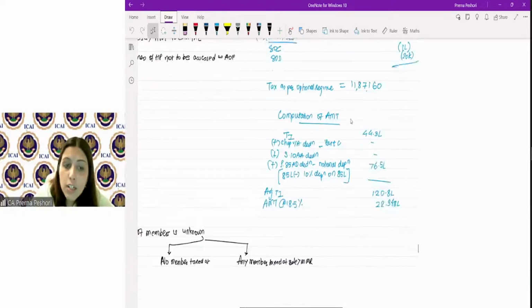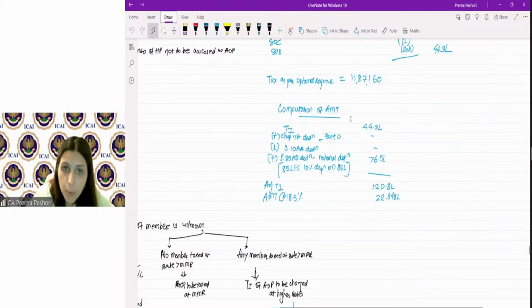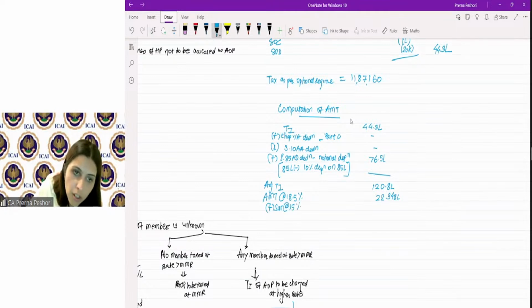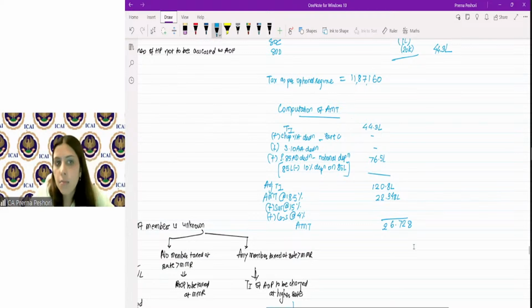Since my total income is exceeding 1 crore but is less than 2 crore, I will have the surcharge at the rate of 15% plus the cess at the rate of 4%, making my effective AMT 26.728 lakh. This is my AMT.